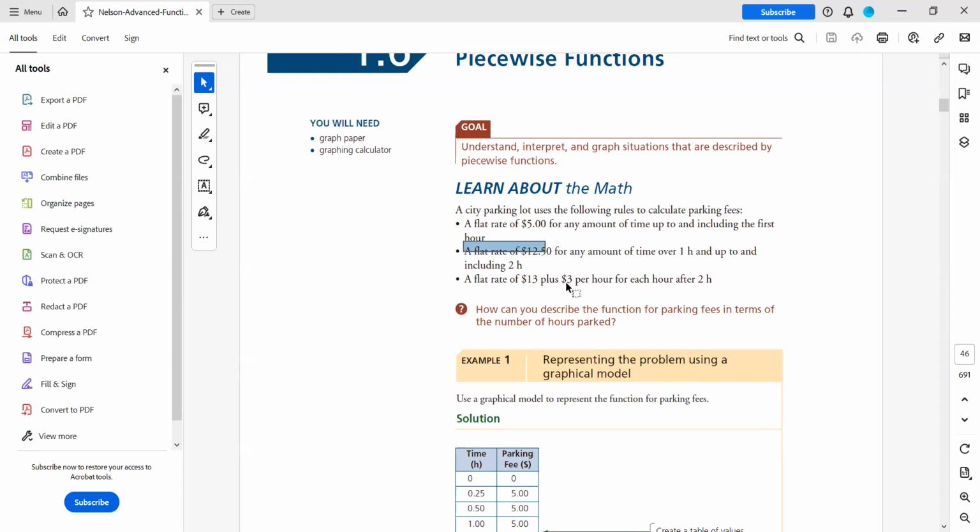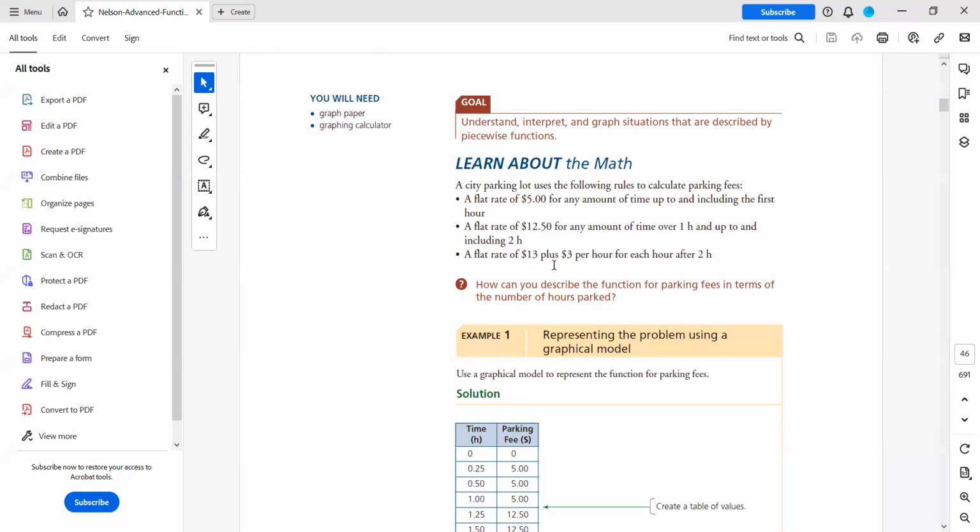Second interval, a flat rate of $12.5 for any amount of time over 1 hour and up to and including 2 hours. So from 1 to 2 hours, you pay $12.5. And a flat rate of $13 plus $3 per hour for each hour after 2 hours. So what we see here is that during the first hour, the rate is constant.